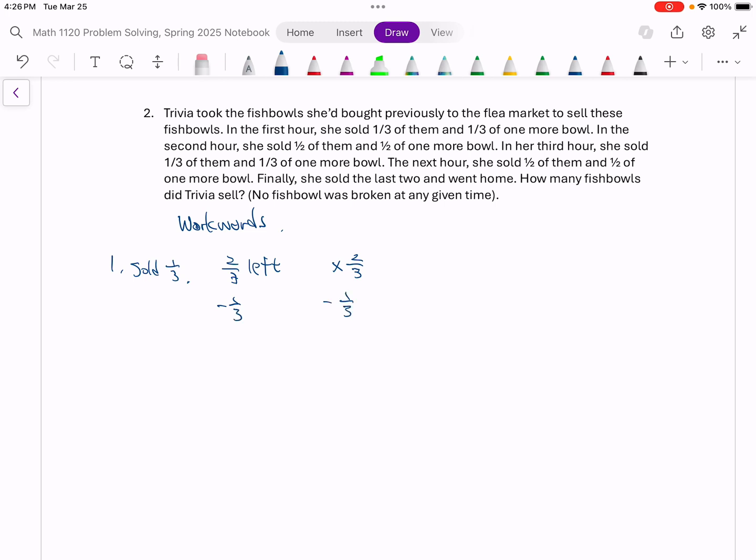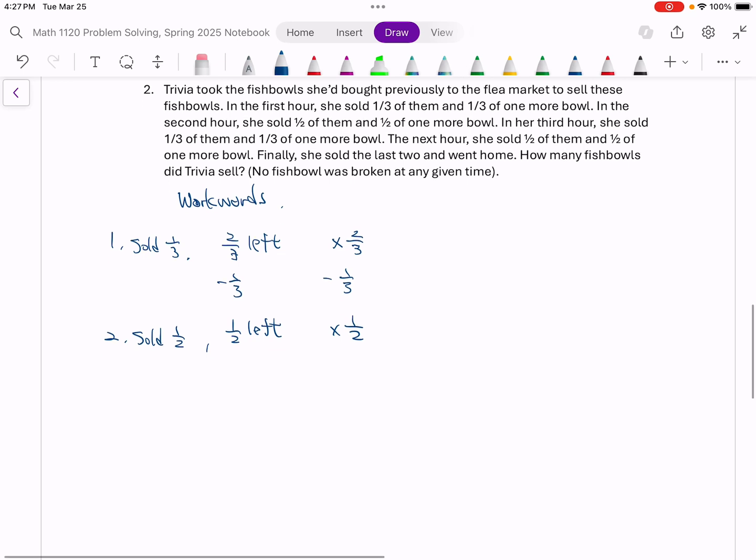Second hour. In the second hour, she sold 1/2 of them. So you sold 1/2, then you have 1/2 left. That just means the number left is the original number times 1/2. And then sold 1/2 more, so minus 1/2.